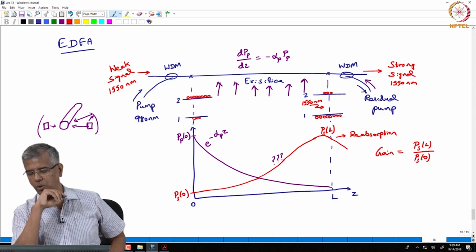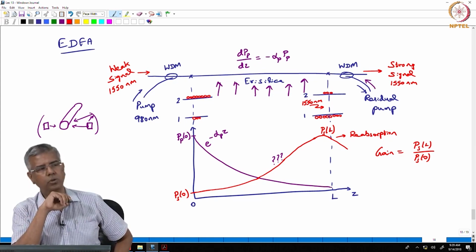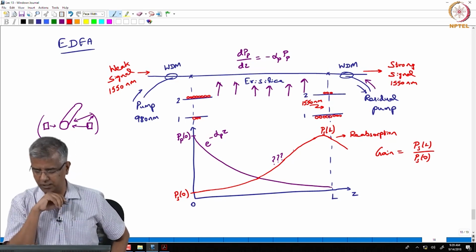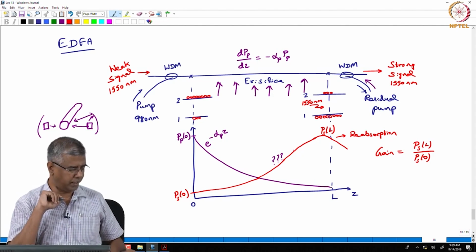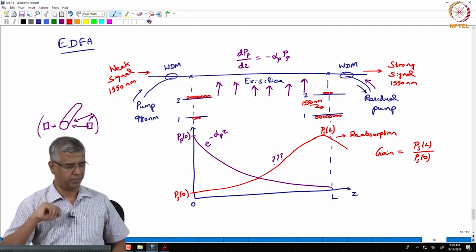To evaluate that gain, we need to understand how this amplification is happening along the fiber.